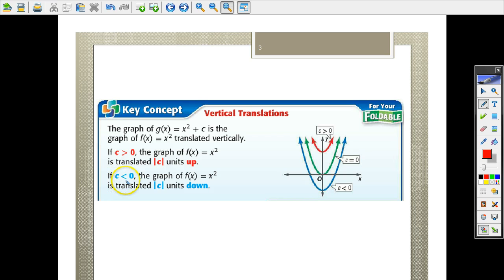If c is less than 0, you go the absolute value of c units down. Green is the parent function here. If you're adding a positive number to the y-intercept, you're going up. If it's negative, you're just going down.